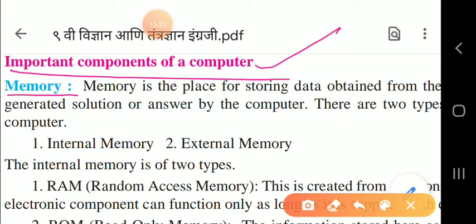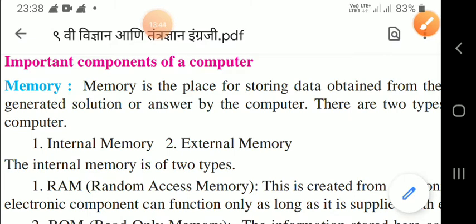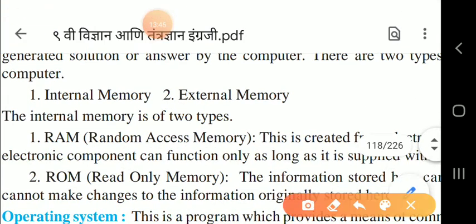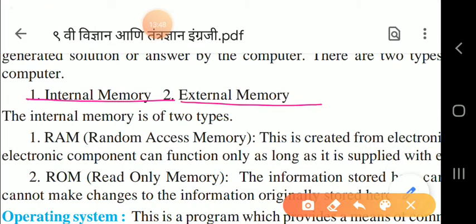Here the internal memory is of two types. First is RAM, you can underline this, children. First of all we'll see that there are two types of memory, internal and external. Again internal is of two types. First is RAM, that is the random access memory.